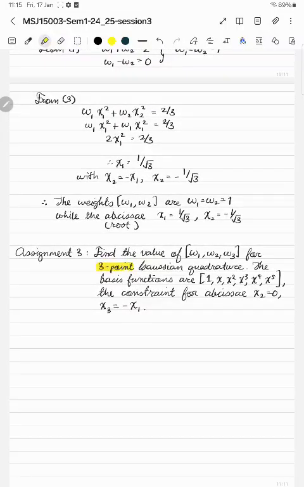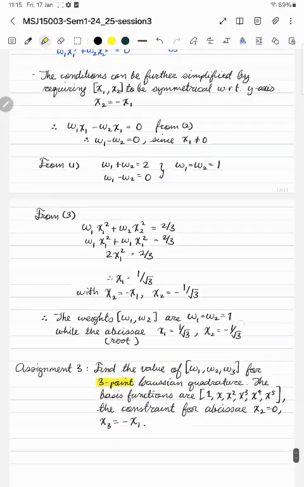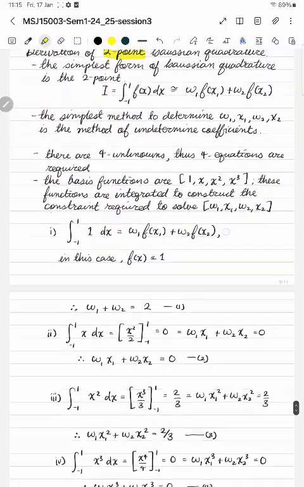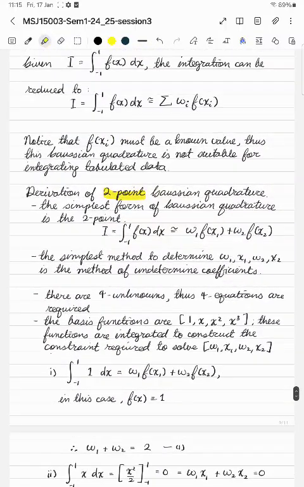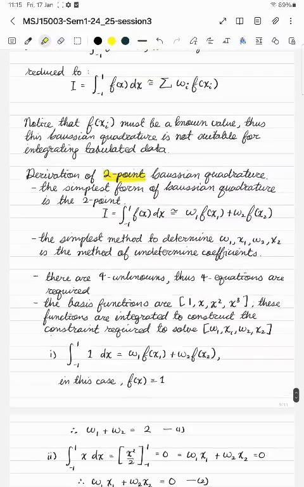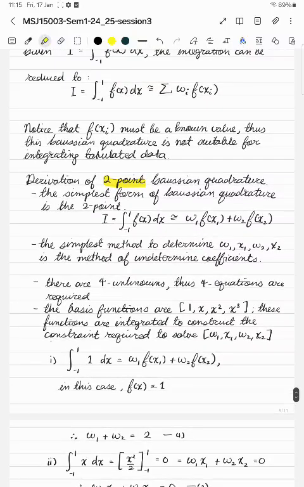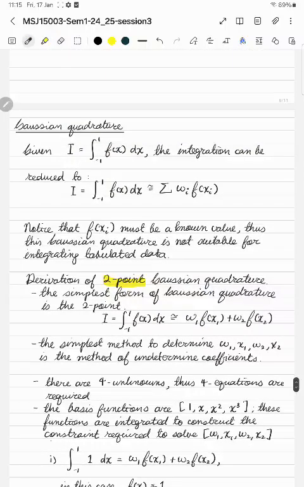We limit our discussion to 2-point quadrature and 3-point quadrature, because most of the time that is good enough for the size of the integral. So let's say you want to use 2 points to integrate. Let's look at the steps. The simplest form is Gaussian quadrature, 2 points.